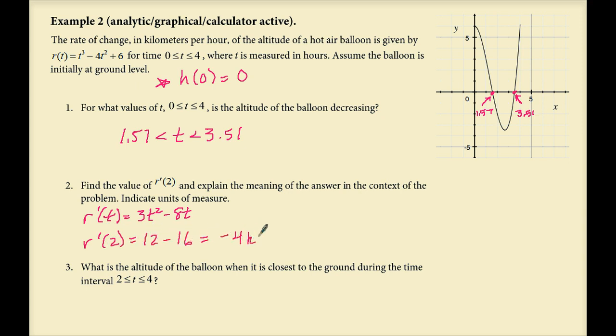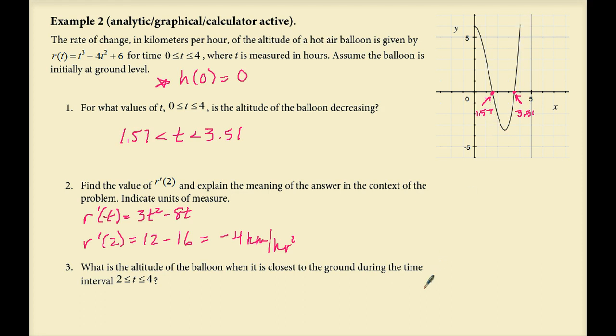Negative 4 kilometers per hour squared. Since the units for our rate function is kilometers per hour, the units for the derivative of the rate function will be kilometers per hour squared. This function is the rate of change of the rate.